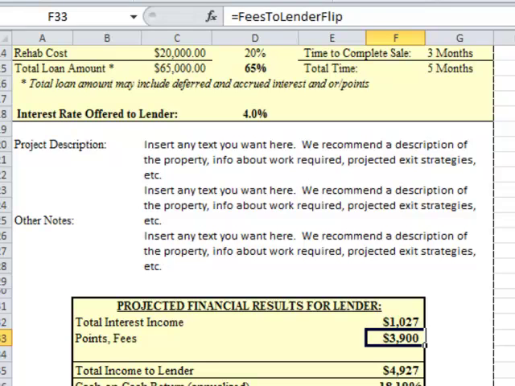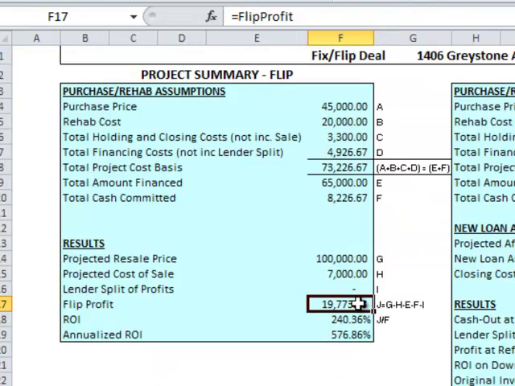So you still make, after all is said and done, almost $20,000 on this deal. Your private lender is happy because they've taken somebody else's money and lent it to you and made $4,000. Everybody wins. This is a very slick way to borrow money from people that don't necessarily have cash.